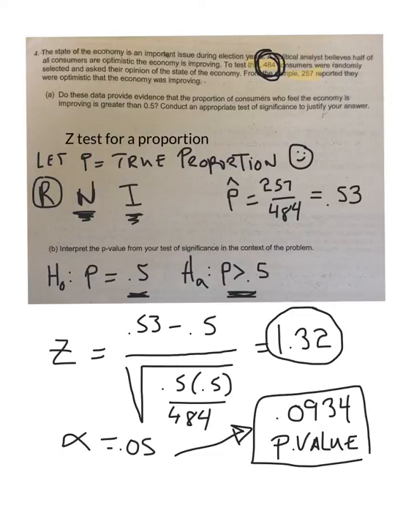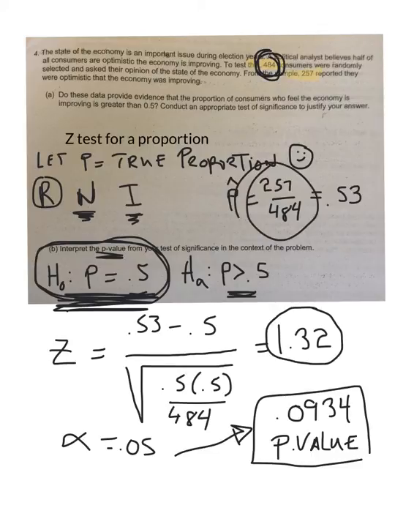Okay. Then letter B says, can you interpret the p-value? So the way this works is you say, well, assuming that our population proportion is 50%, in other words, 50% of the people feel good about the economy, if that's true, if our null hypothesis is true, we would get a result this big 9% of the time.